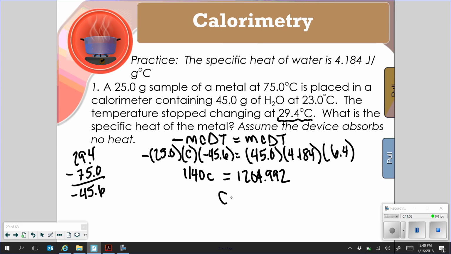Divide out, solve for C, and I got C to be 1.057. I need 3 significant figures in my answer, and so I'm going to end up with CP for my metal equal to 1.06 joules per gram degrees Celsius.